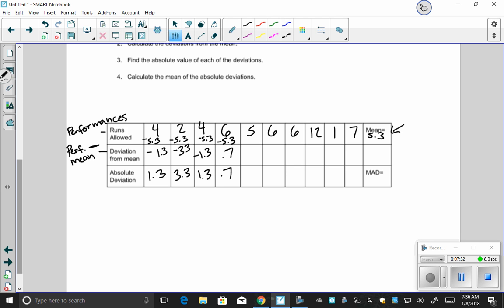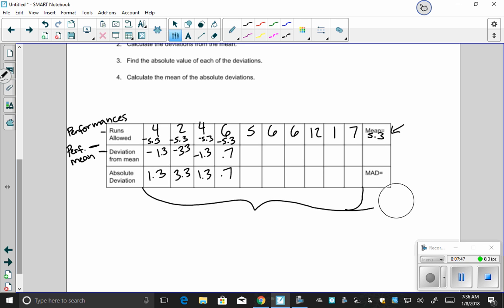So that means all you're going to do is take that last row of numbers, add them together, then divide by 10.